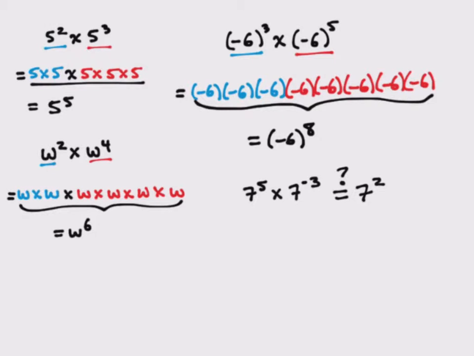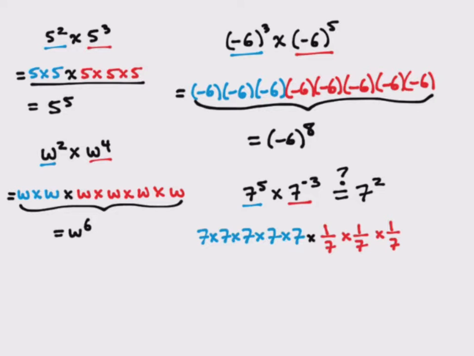Well, let's use the definition of exponents again. 7 to the fifth power, that's the same thing as 7 times 7 times 7 times 7 times 7. And 7 to the negative third power is the same thing as raising 1/7 to the third power, so 1/7 times 1/7 times 1/7. All right, well note, 7 times 1/7 equals 1.